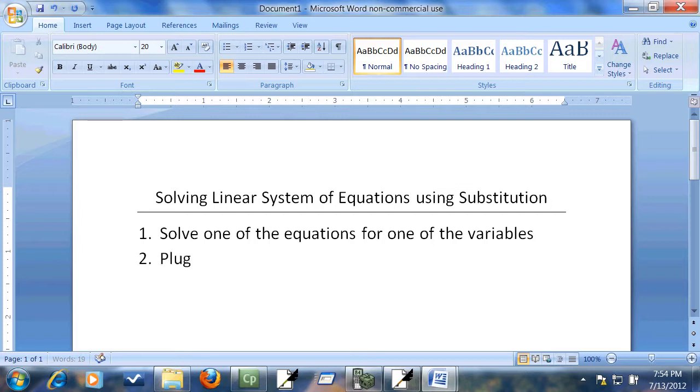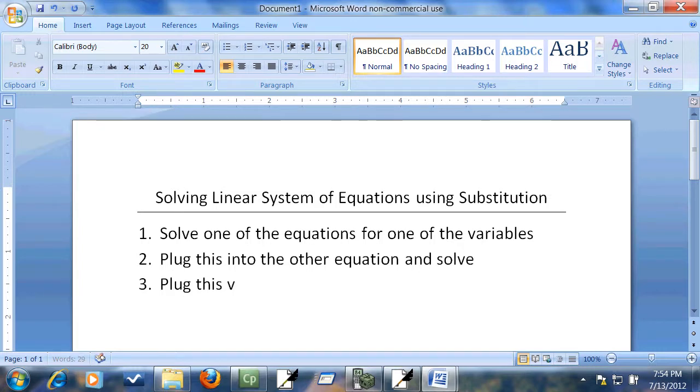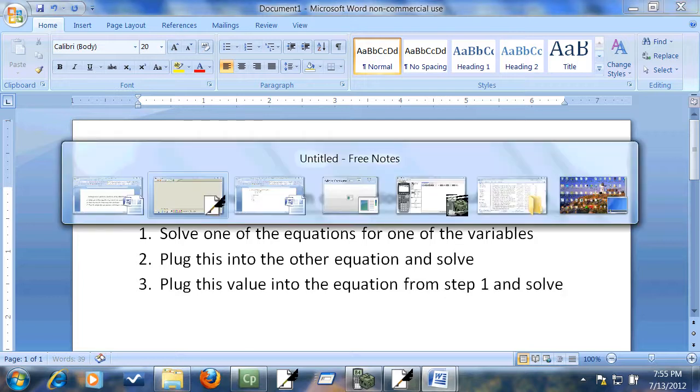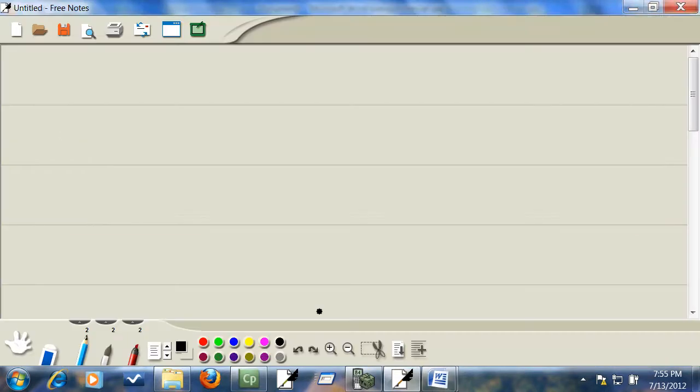Step 2. Plug this into the other equation and solve. And step 3, plug this value into the equation from step 1 and solve. So let's take a look at this one.